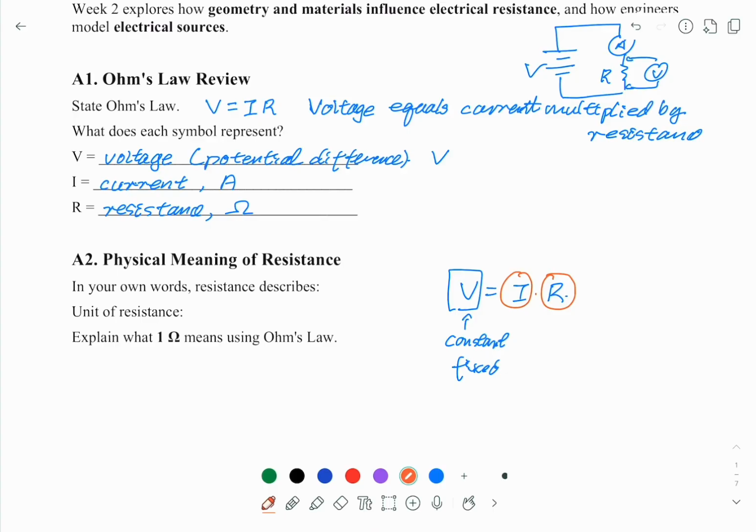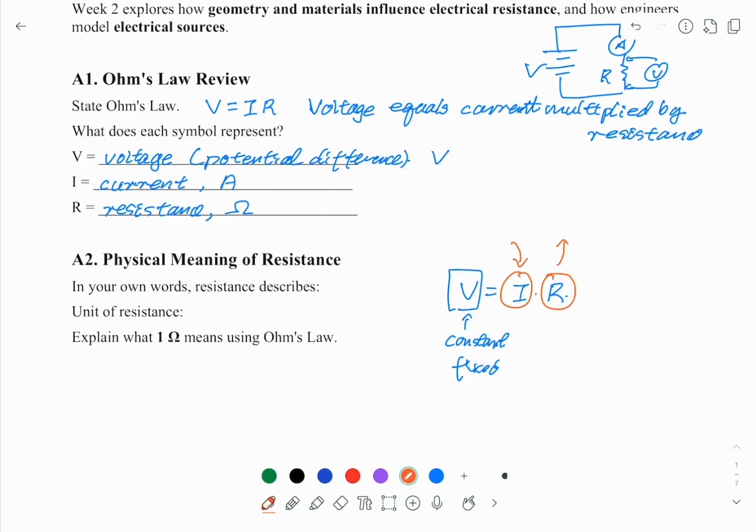The resistance measures how strongly the material opposes the flow of electric current. If a material has a strong or large resistance, it opposes the current, so the current will be small, and vice versa.